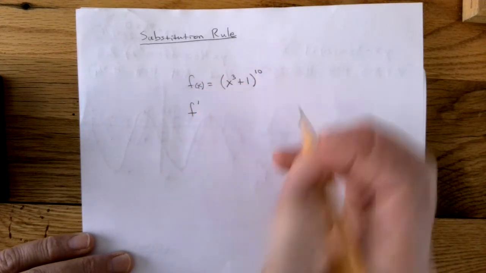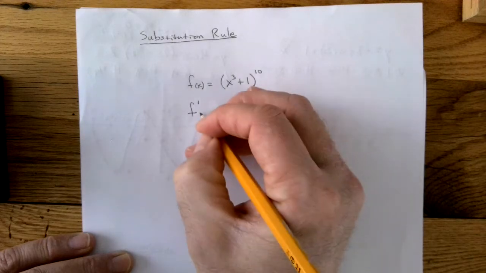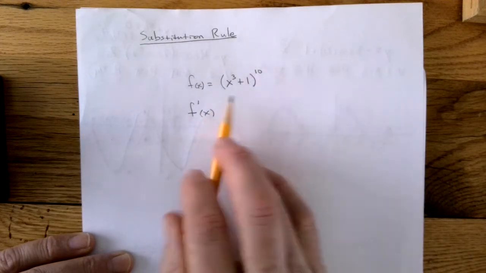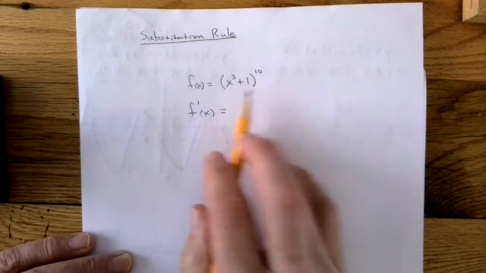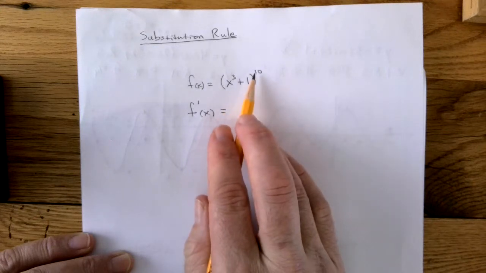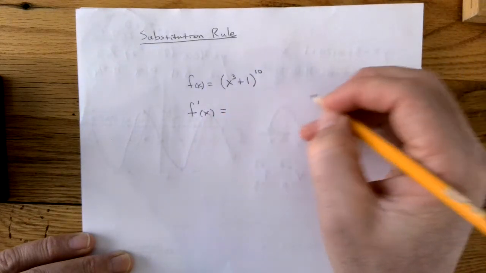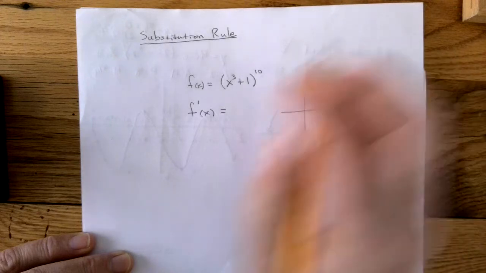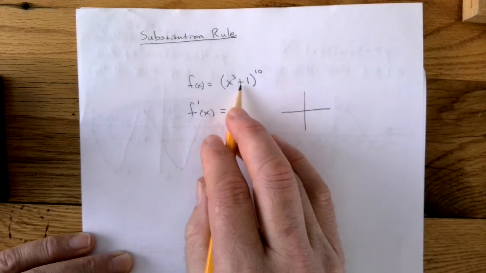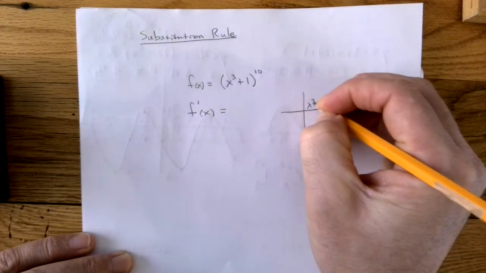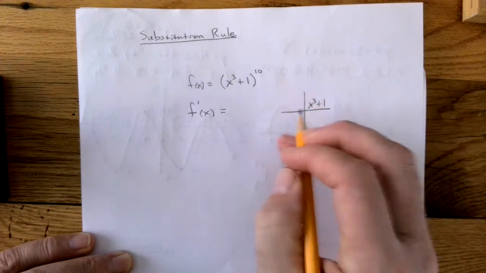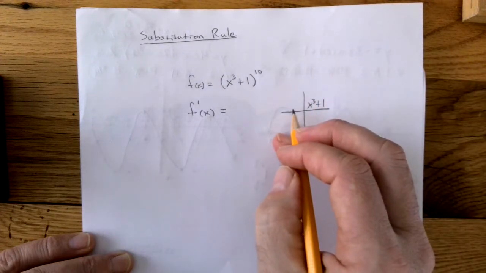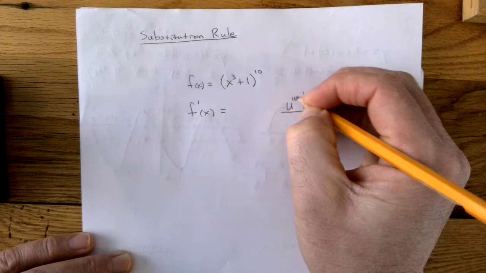And what I'm going to do is take the derivative of this function. You recall that if you take the derivative of x cubed plus 1 raised to the 10th power, you use the chain rule. That tells you to identify the inside, which is x cubed plus 1, and the outside, which is u to the 10th.